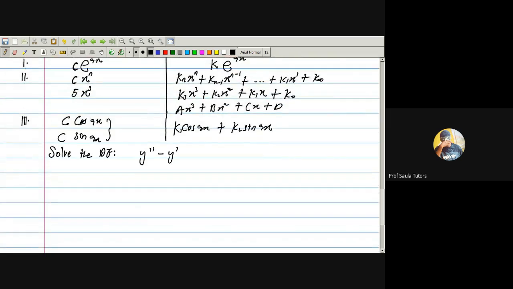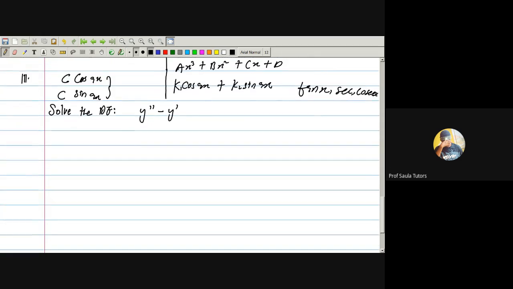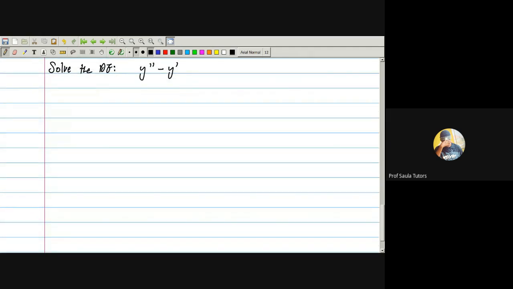Take note that this method cannot work for tan, sec, or cosec. You will know why; you will even see the reason when we are solving.